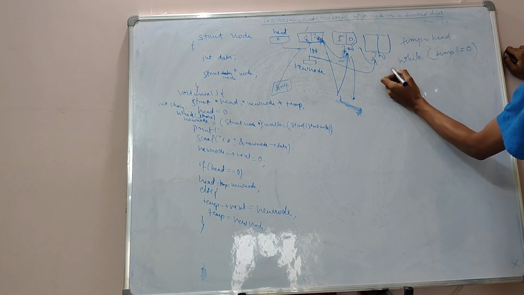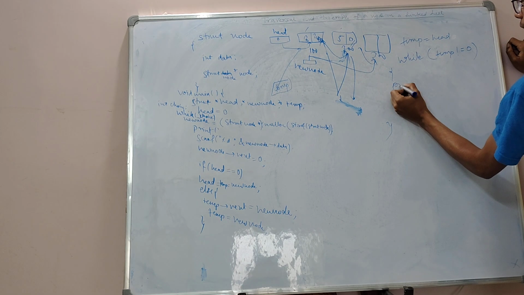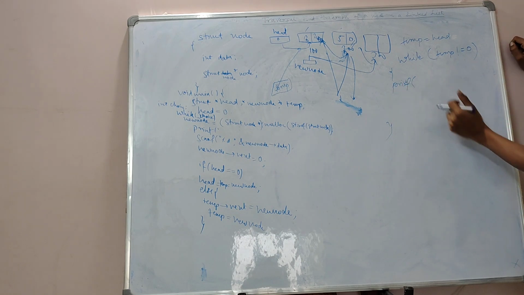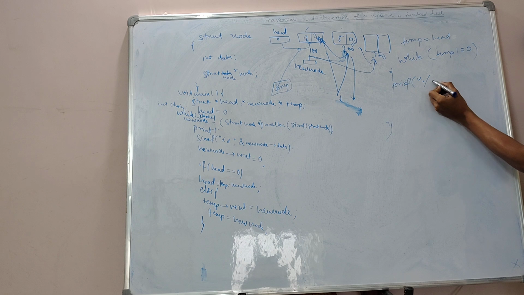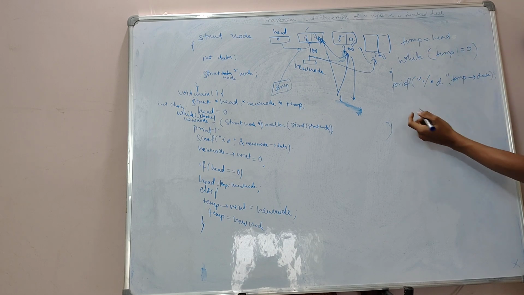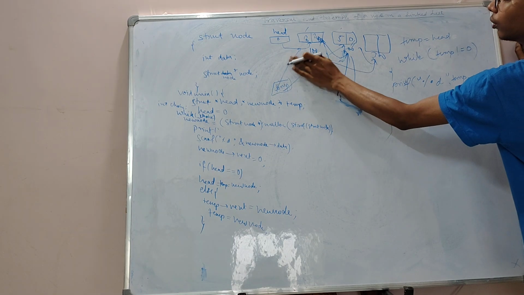So here I will write printf, right? These things you do yourself. It is simply %d, and with the help of temp I will access my structure members, and I will go to their data and then print, and then I will make my temp point to the next.